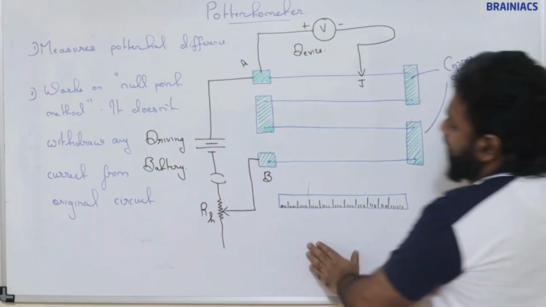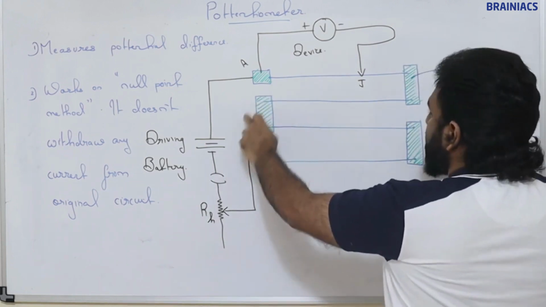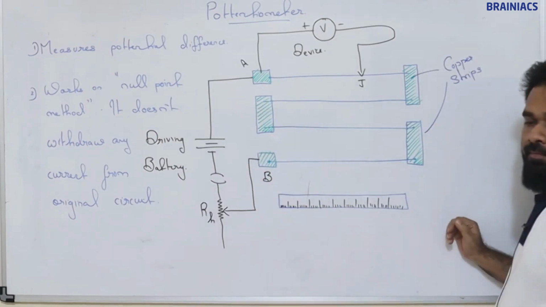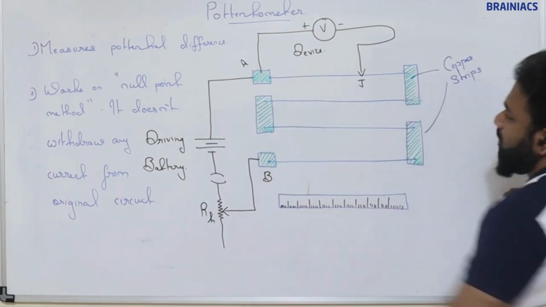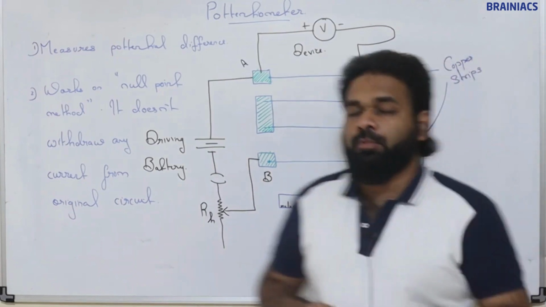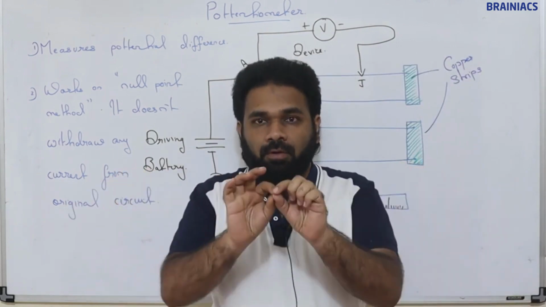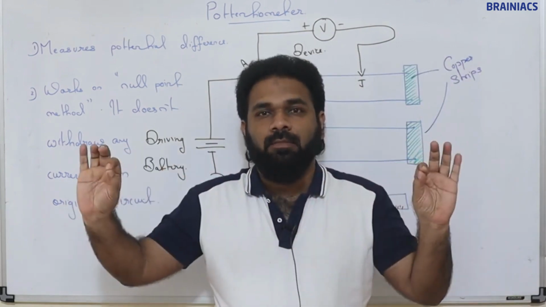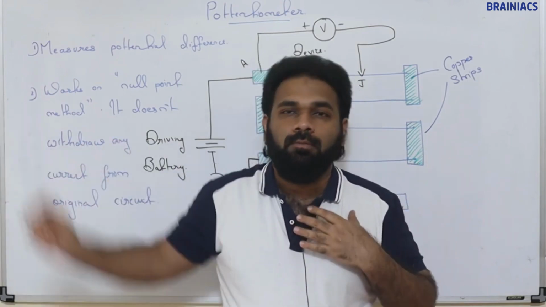See, basically, all these are copper strips. Between these copper strips, suppose there is a 10-meter long wire. If we keep a 10-meter long wire straight, the entire instrument will become 10 meters long.